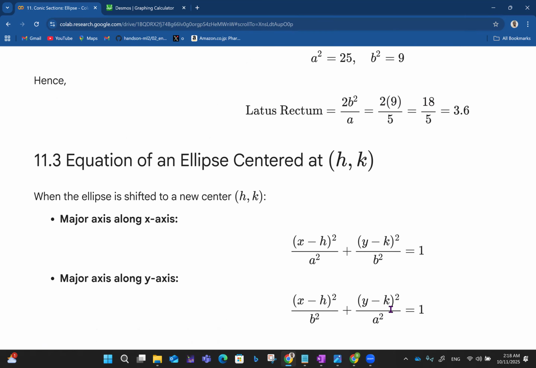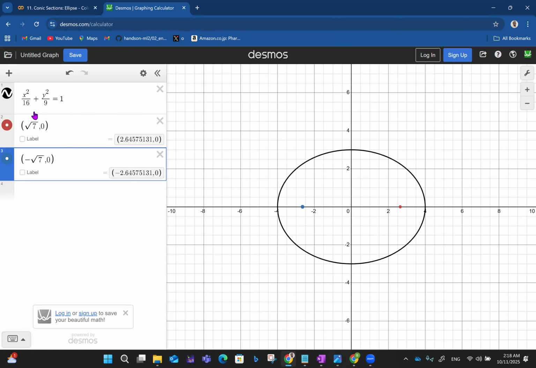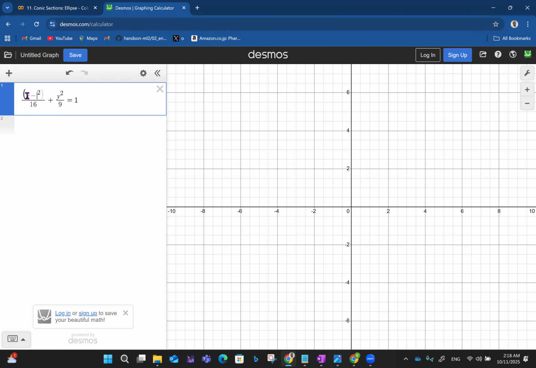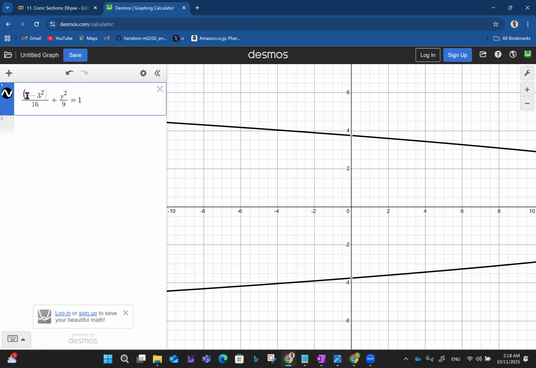So we can take an example like that. Let me work with what we currently have there. Instead of just having x squared, maybe the center is 3, 4.